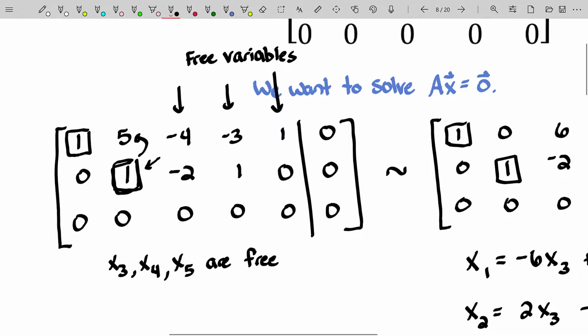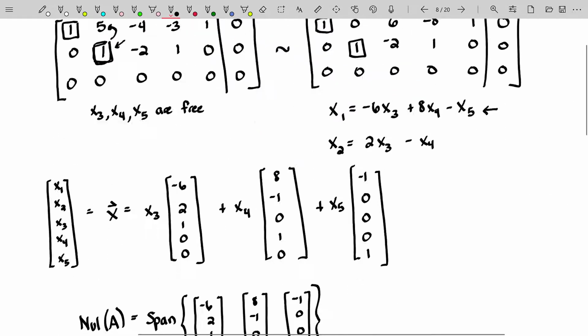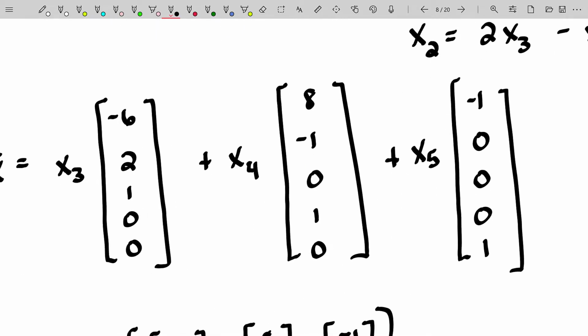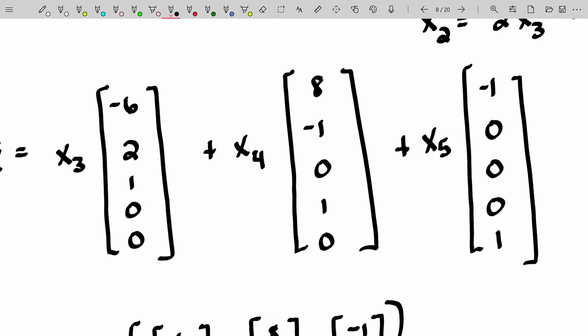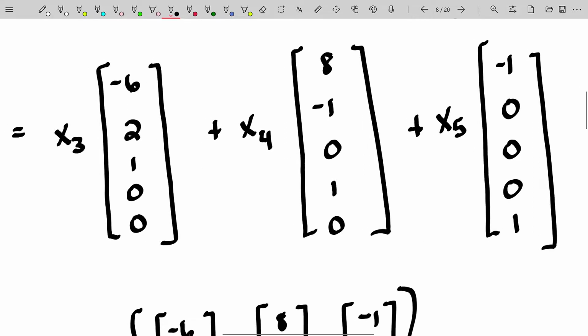Once you solve AX equals 0, you'll have very special vectors that build your null space. Those very special vectors are the ones that span the entire null space. They are these building vectors. I'm trying to avoid a very special word here that I haven't defined yet. So that's why I'm kind of fumbling, trying to not say it. But these 3 vectors are building blocks to your null space.